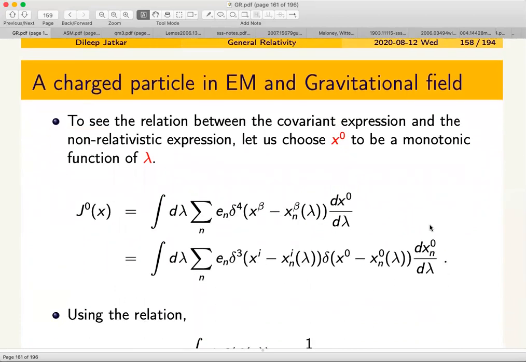So of course, if you want to relate this to the non-relativistic expression, what you need to do is to consider x naught to be a monotonic function of lambda, and then you could split this four-dimensional delta function into a spatial delta function times the temporal delta function, and then just carry out this lambda integral.